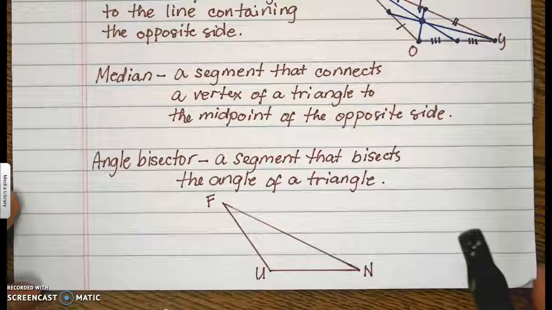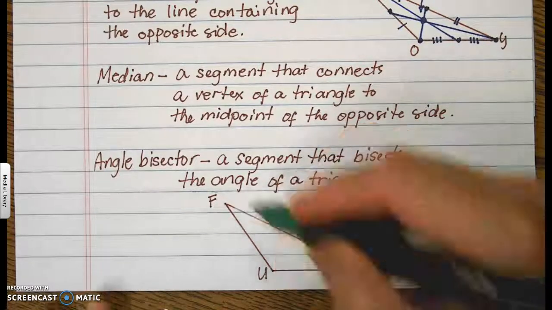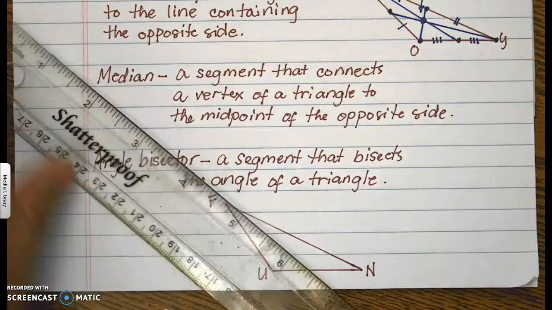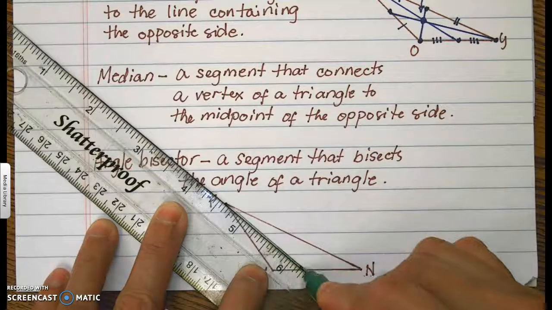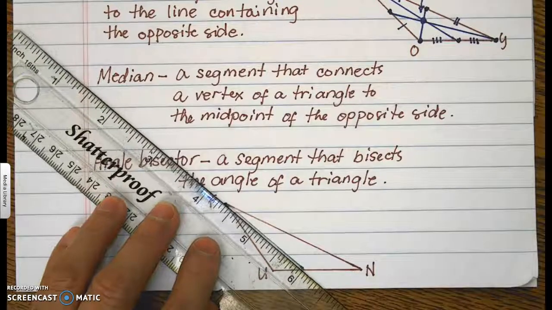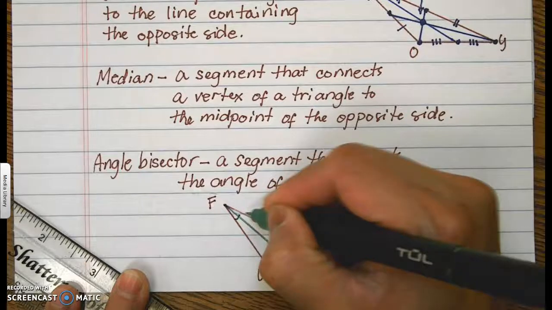The next secondary part is the angle bisector. The angle bisector is a segment that bisects the angle of a triangle. So therefore, there are 3 angle bisectors. So let's begin by bisecting this one. We will just approximate. We'll say that this is congruent to that.